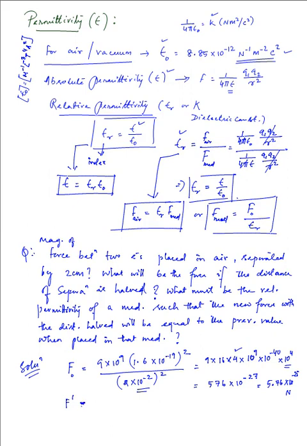F prime is the new force, which is now equal to, because 4 isn't divided, 4 is multiplied to this factor. So I will just multiply a 4 to this, because force is inversely proportional to the square of the distance. If the distance is halved, then it's going to be 4 times F naught.